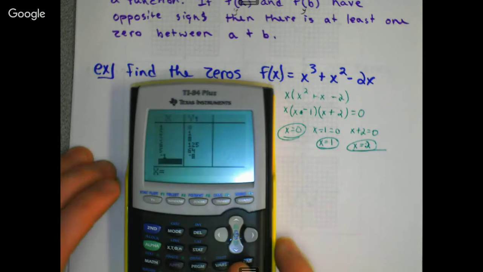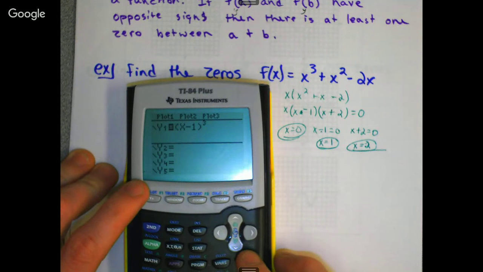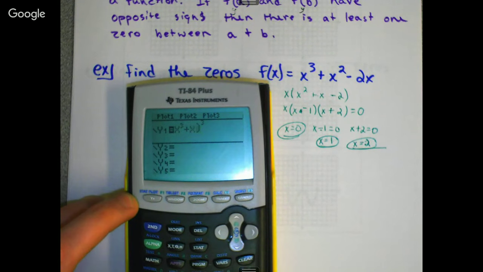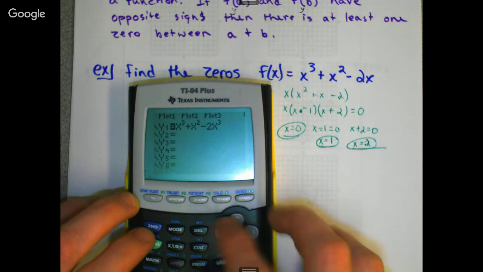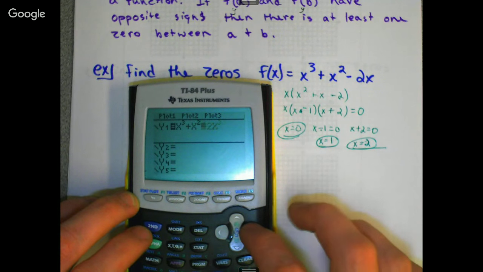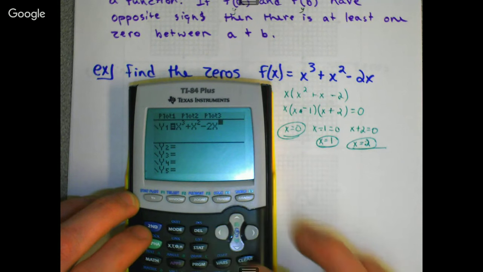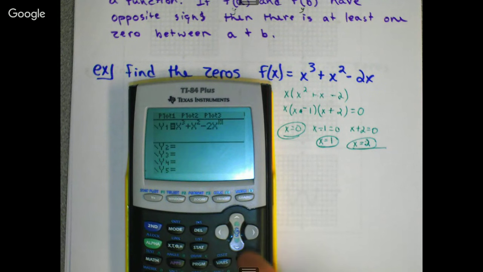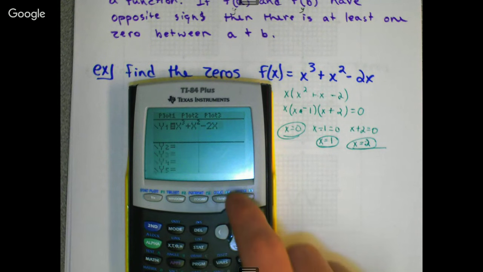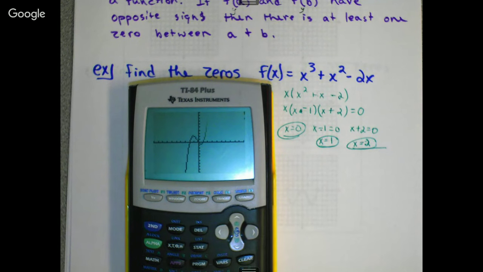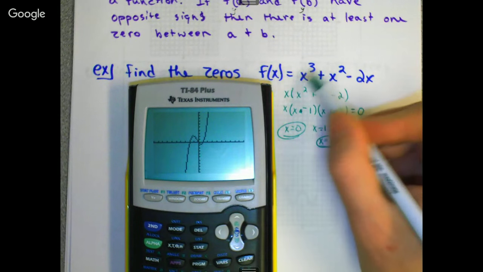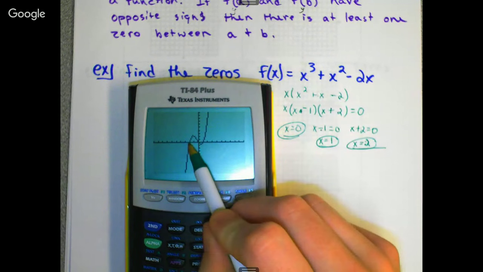Graphically, if we look at this, we have x to the third plus x squared minus 2x. The parent function is a third degree, so it's got that S shape, and notice it crosses 1, 2, 3 times.